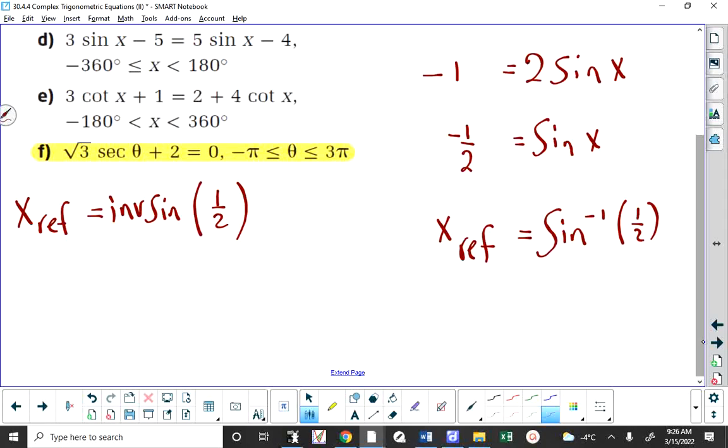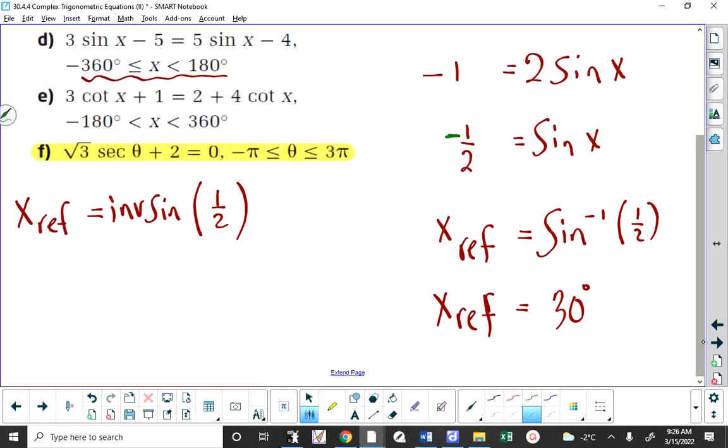Okay, so the reference angle is 30 degrees, and unlike the previous question, Marcel, where I wrote pi over 6, I'm going to write 30 degrees because my domain is given in degrees. So now what we're going to do is use the fact that sine was negative to determine the two quadrants.